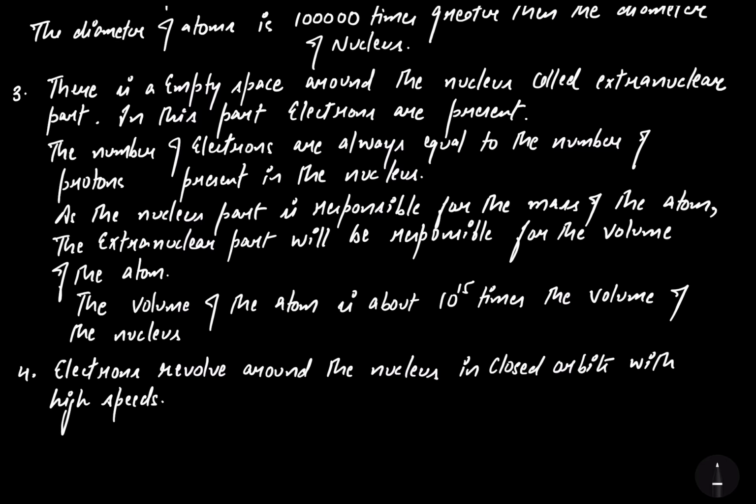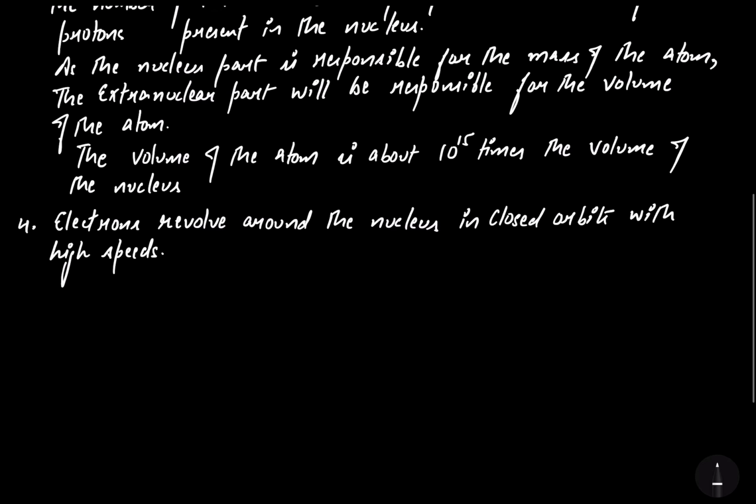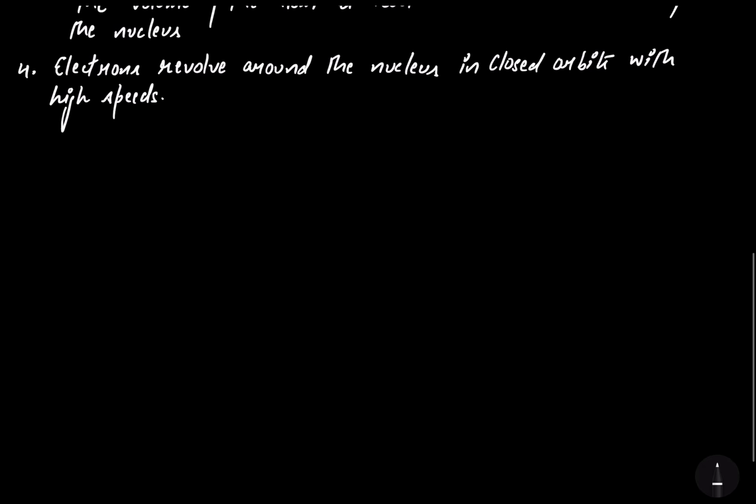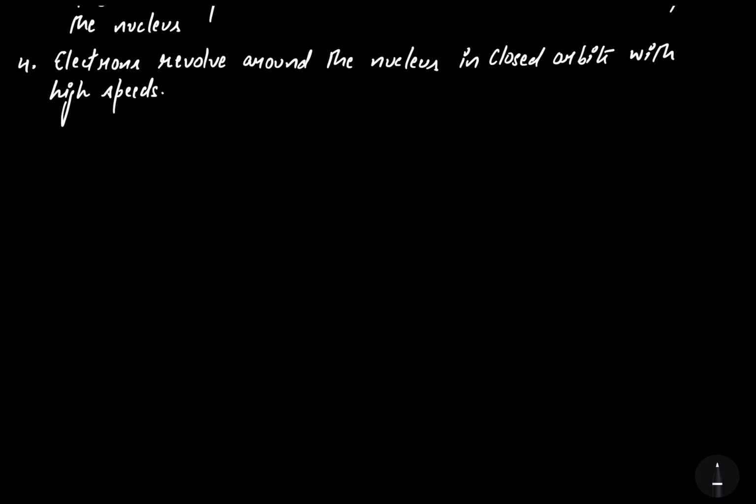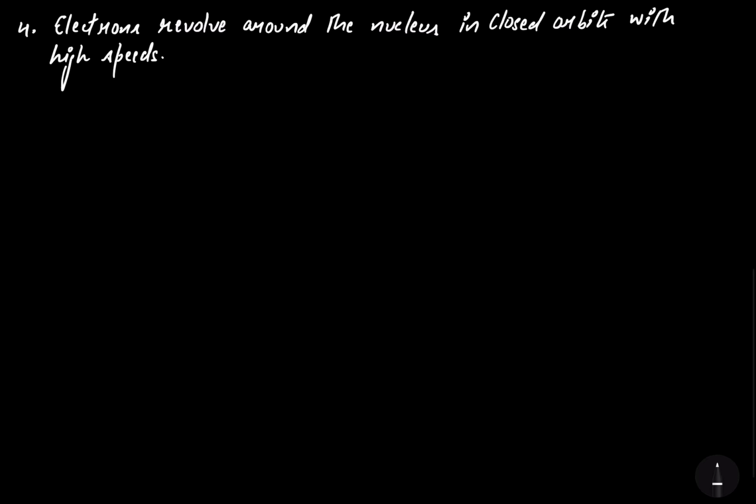Now, when any body is in a circular orbit, two types of forces act upon it: the centrifugal force and the centripetal force. So let us calculate the centrifugal and the centripetal force. First of all, let us understand. Assume this is the nucleus, plus Ze.